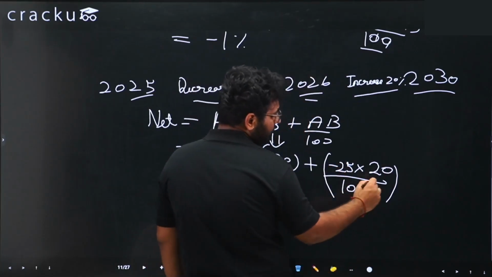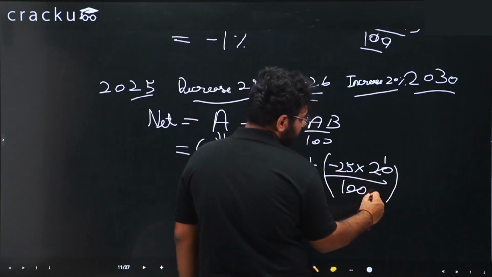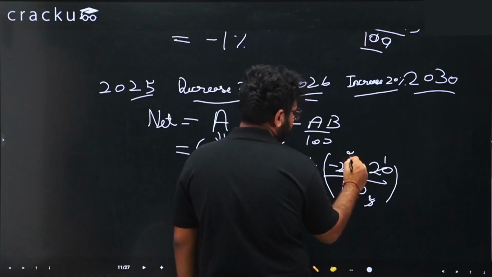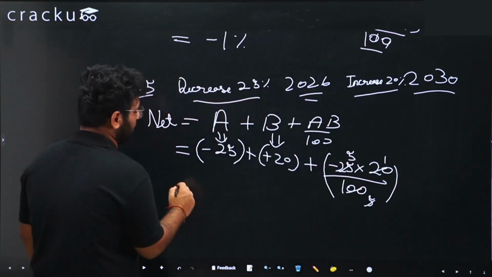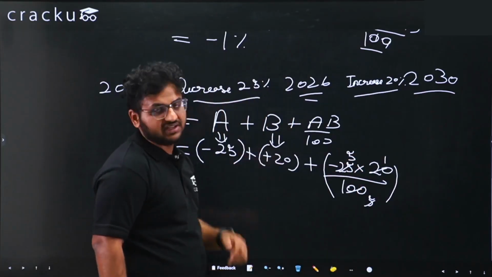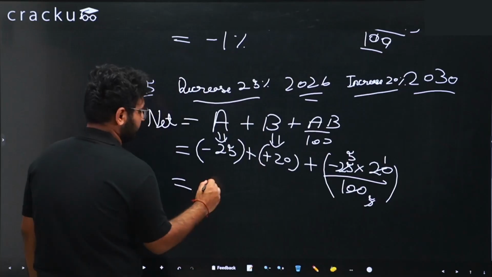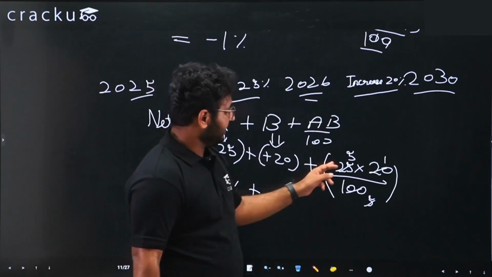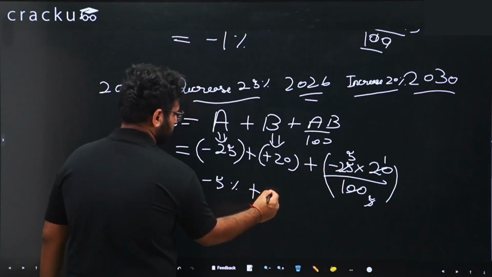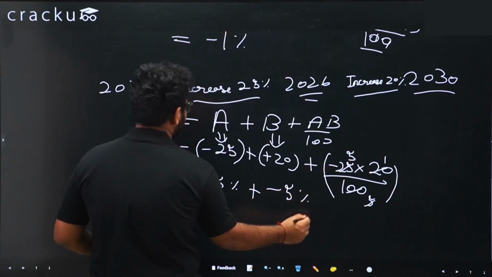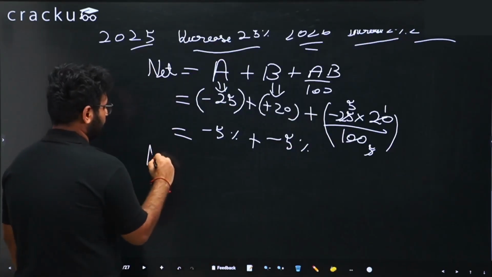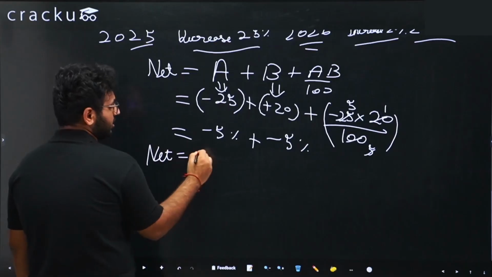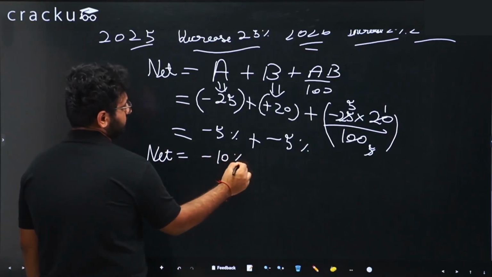So which will be equal to what? 20 ones are 20, 25s are 100, 5 5s are 25. So this will be minus 25 plus 20, which is minus 5, plus minus 5%. So net change would be equal to minus 10%.